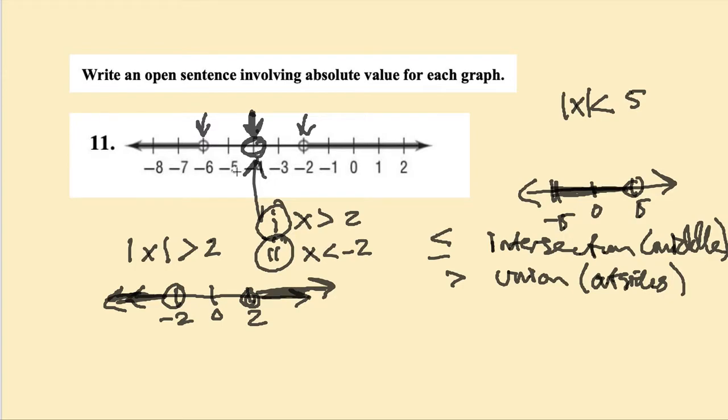This graph right up here, number 11, is a transformation or translation of this graph right here. It's basically the same graph, except it's been shifted to the left by a total of 4 units.